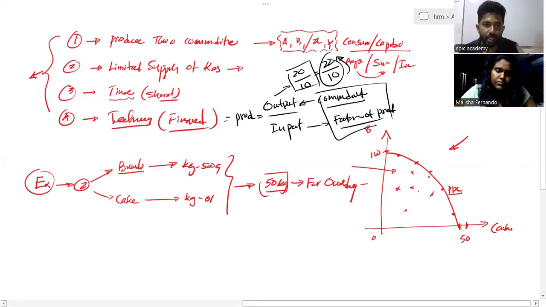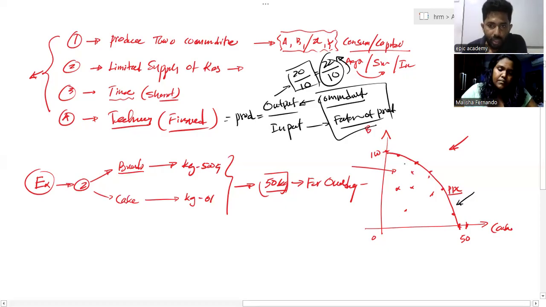If we assume technology as a fixed factor, then you can draw the PPC line. That is why we use this assumption, technology as a fixed factor. But in practice, you know that technology is not a fixed factor. Did you get the idea?